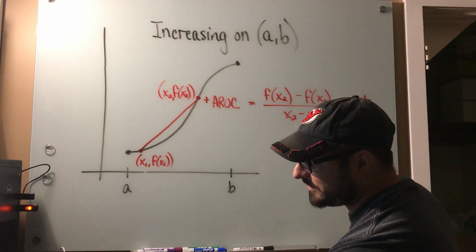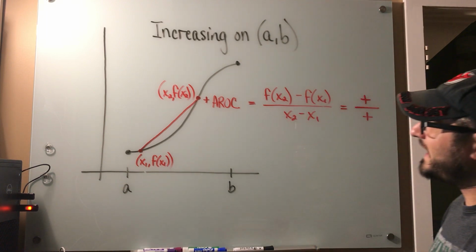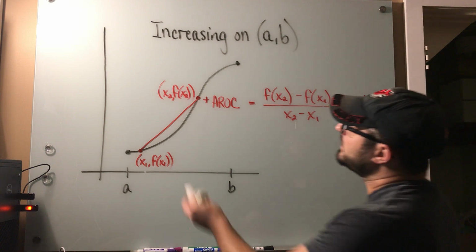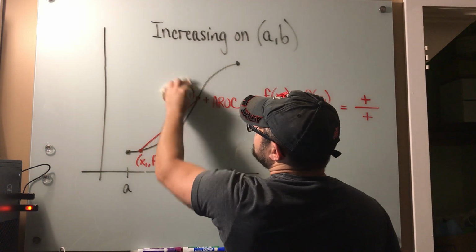Now, it doesn't just stop there. The definition says that it has to be true for any 2 points chosen within this interval. So let's try a different set of points.